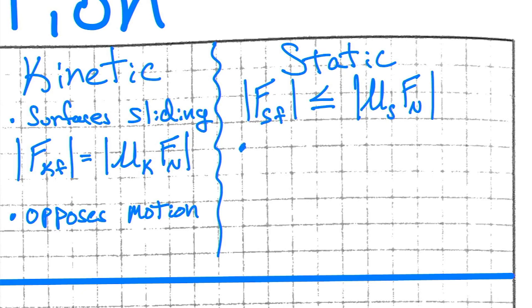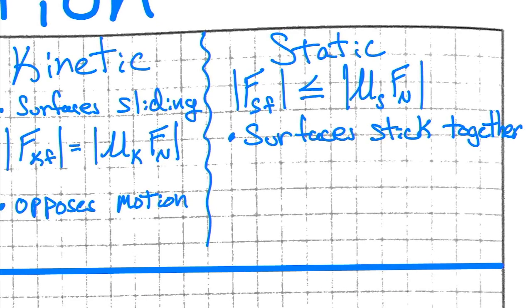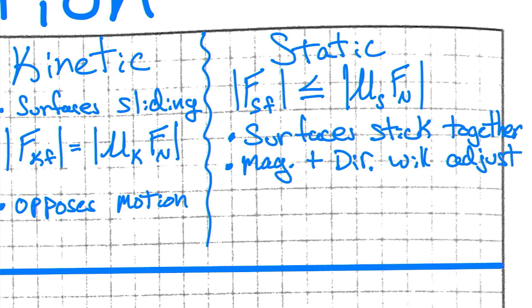So with static friction, the surfaces stick together. The magnitude and direction will adjust to prevent slipping.